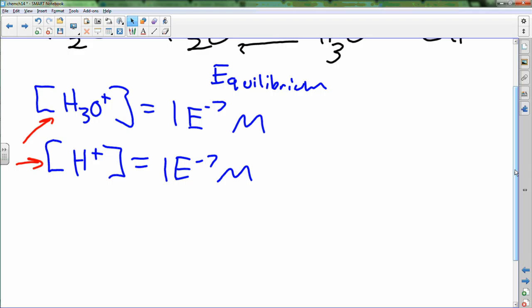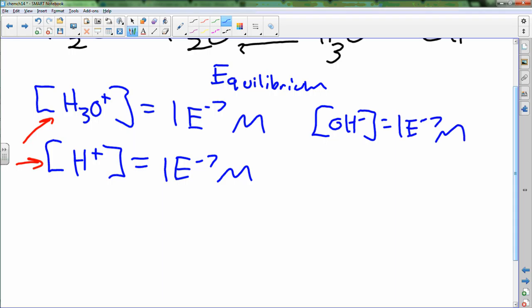Now, if the concentration of hydronium is 1 times 10 to the negative 7th, it stands to follow that the concentration of hydroxide also has to be 1 times 10 to the negative 7th. And that's because every one of these that was created has to have one of these that was created.